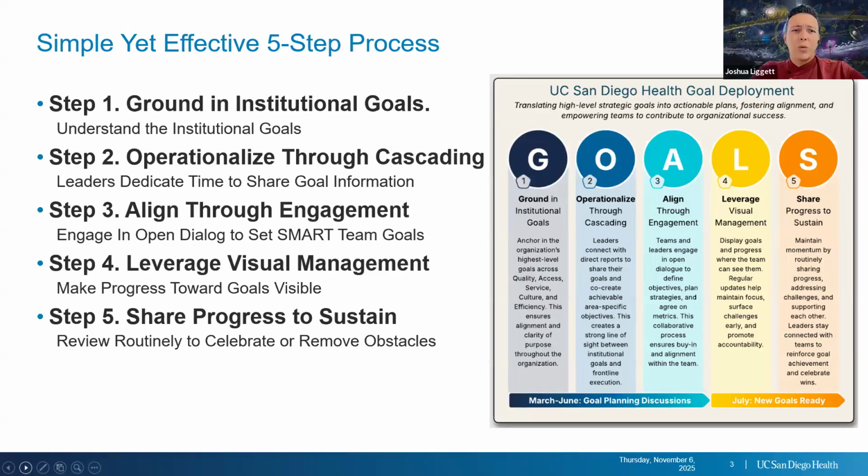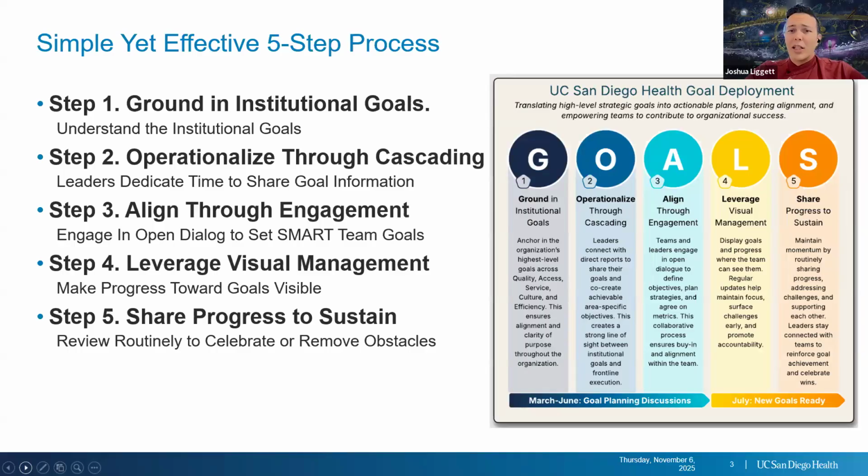Then, going from there, operationalizing these elements through cascading. Leaders will discuss at their level what makes sense, what they can do. They'll collaborate with their teams and see what makes sense at the next level of supervisors closer to the work, and ultimately when you arrive at the individual contributors, aligning through engagement.